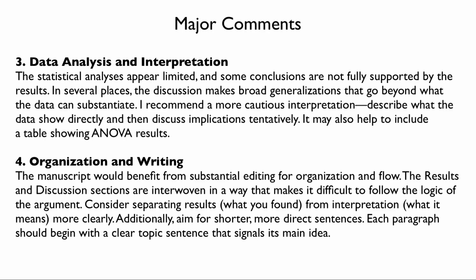The review should also consider the organization and writing. Is there need for substantial editing to improve flow? This example suggests that a clearer separation of results and interpretation might improve reader comprehension of the argument being made. It also points out the need for shorter, more direct sentences and clear topic sentences in paragraphs.